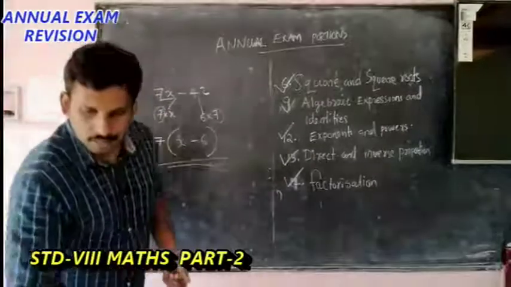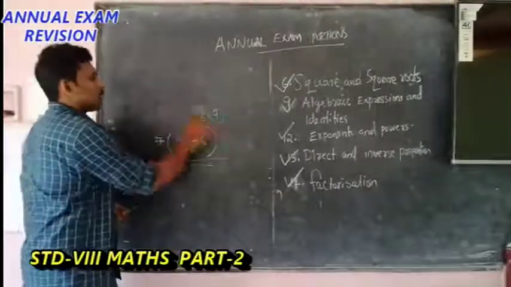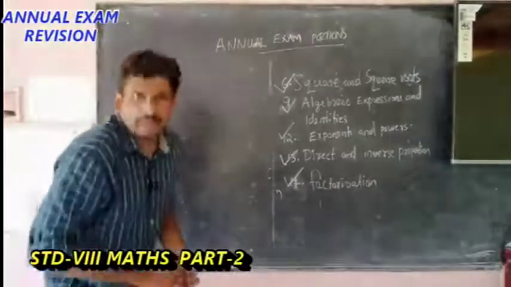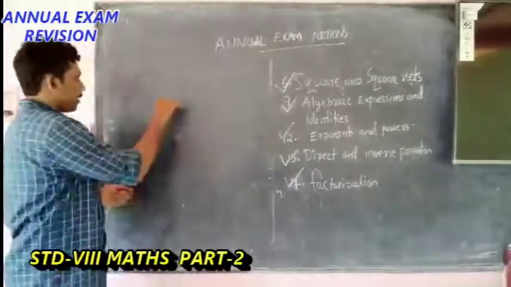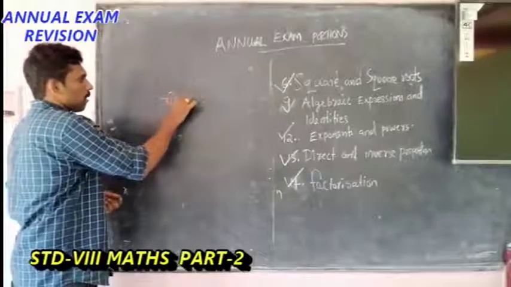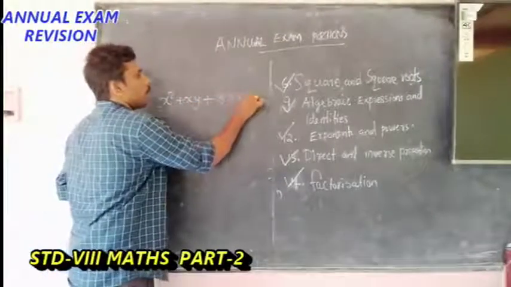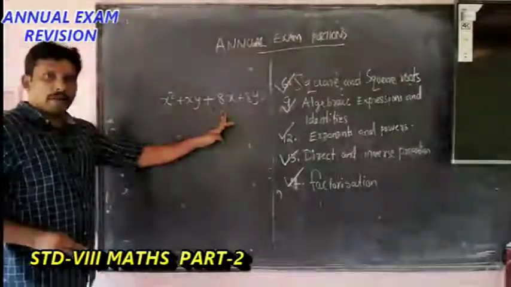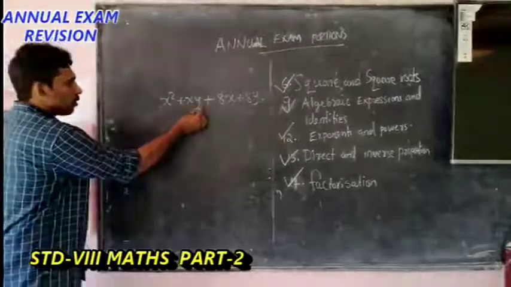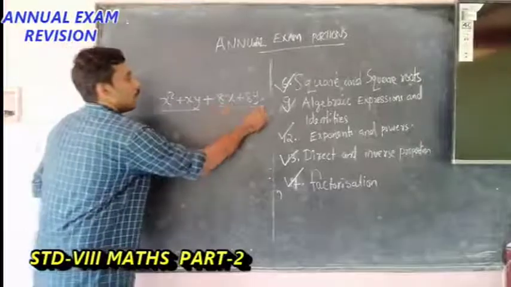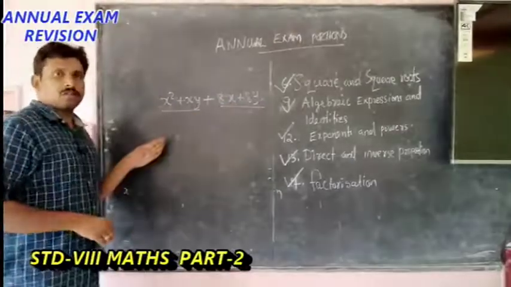And next, let us see the next example, factorization by regrouping terms. Example: x square plus xy plus 8x plus 8y. See this algebraic expression. First take the first two terms and the other two as a group.